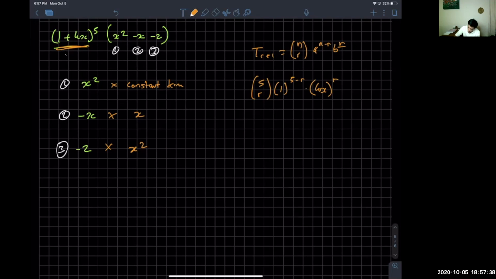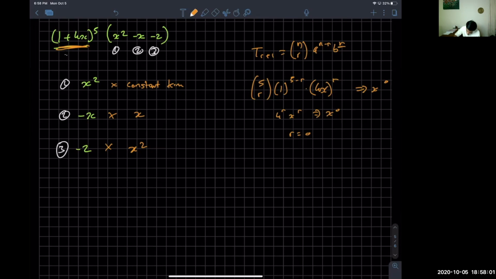We want x to the power 0, so 4x to the r is equal to x to the 0. So when r is equal to 0, we've just solved for r equals 0.